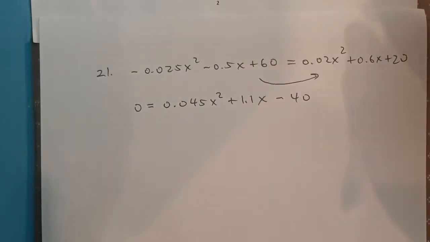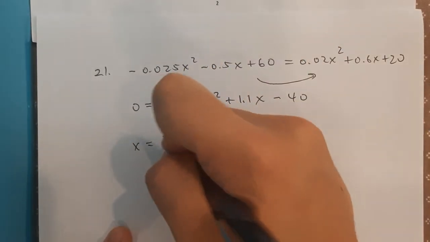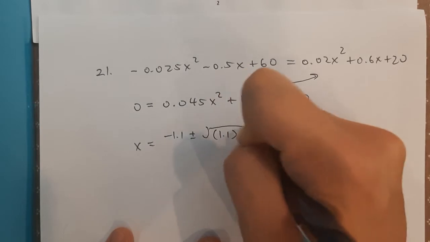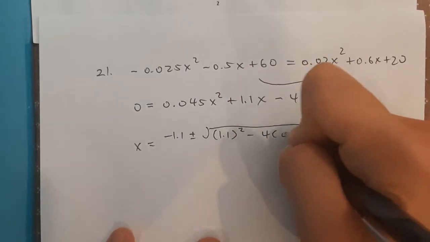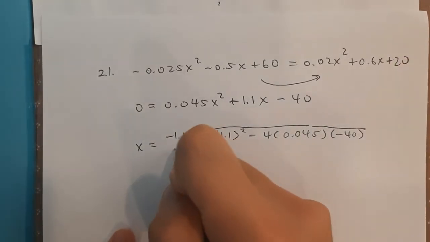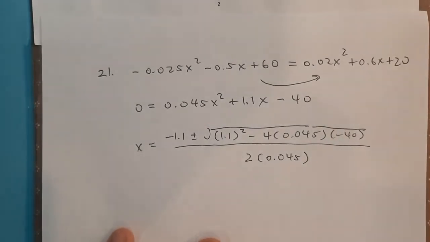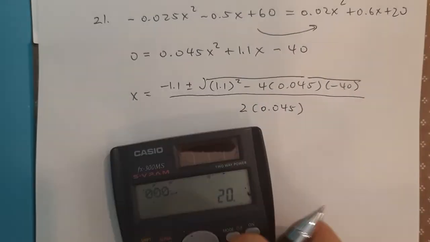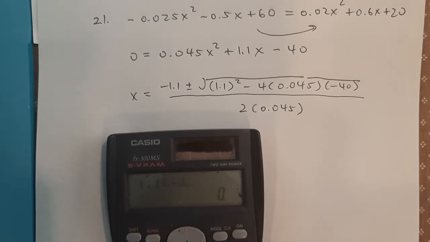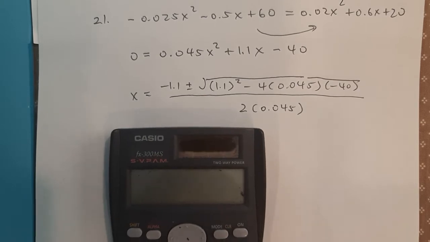Then we just use the quadratic formula. So we have x equals negative 1.1 plus or minus the square root of 1.1 squared minus 4ac, all over 2a. Input, so we have 1.1 squared minus 4 times 0.045 times negative 40.